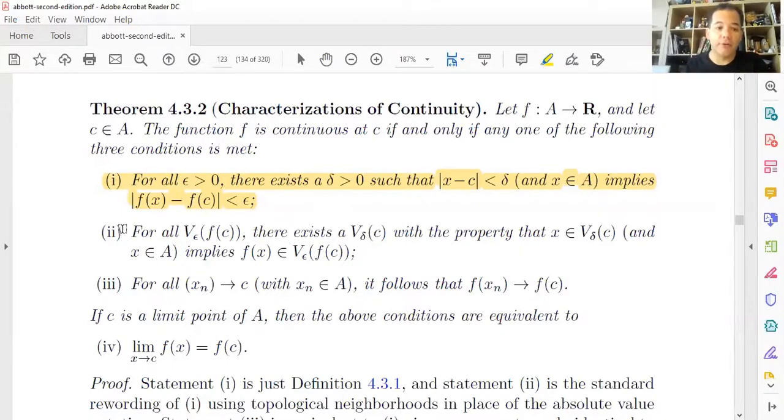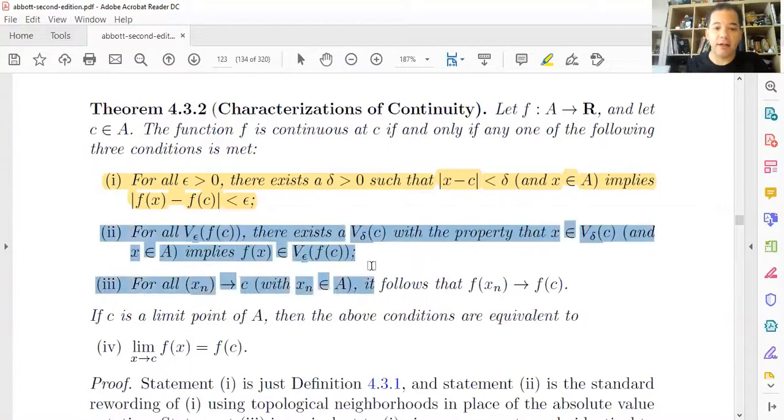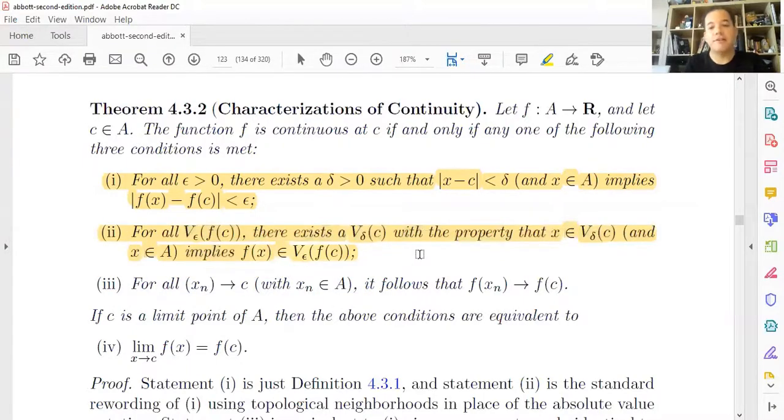Then we rewrote the same exact concept, but with neighborhoods. This is a restatement of number one, only talking about neighborhoods: for every epsilon neighborhood, there is some delta neighborhood such that whenever x belongs to the delta neighborhood around c, then f of x belongs to the epsilon neighborhood around f of c.